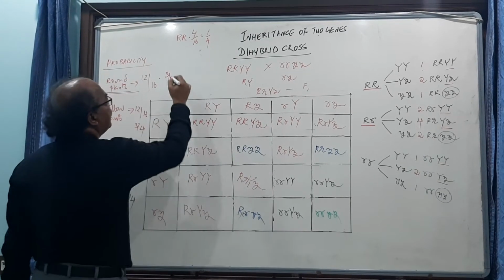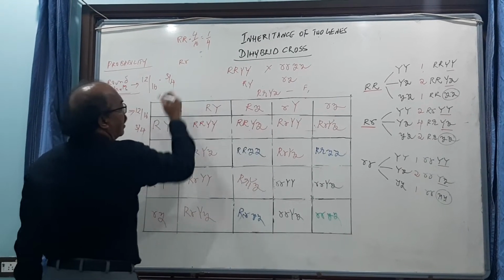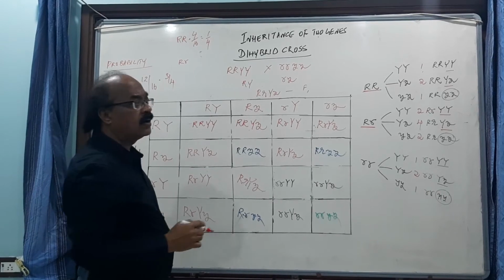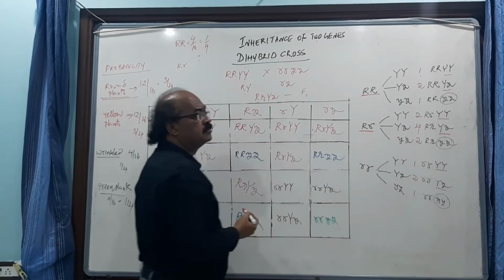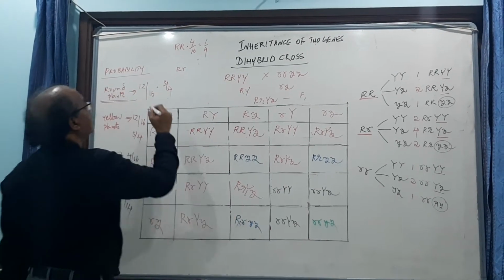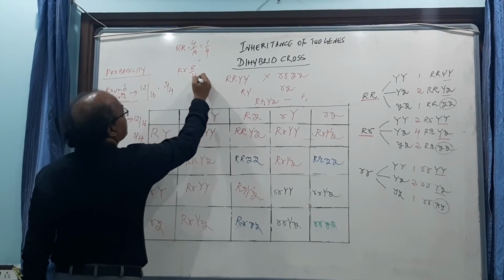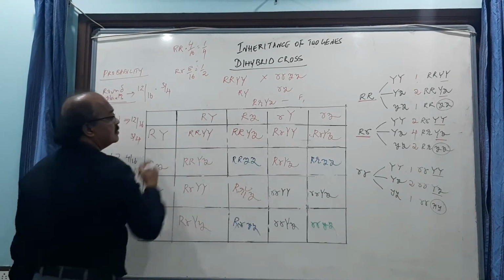What is the probability of getting a capital R small r? Capital R small r. 2 plus 4 plus 2. 8 by 16. 1 by 2.